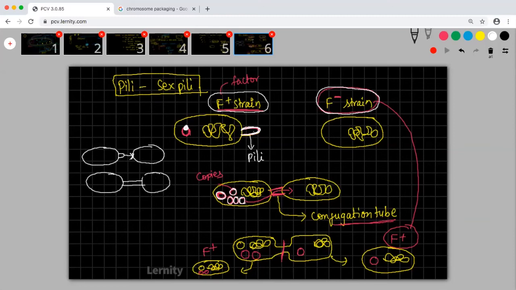That channel-like structure is what we call the conjugation tube. This conjugation tube is nothing but pili, which has become a conjugation tube connecting them.